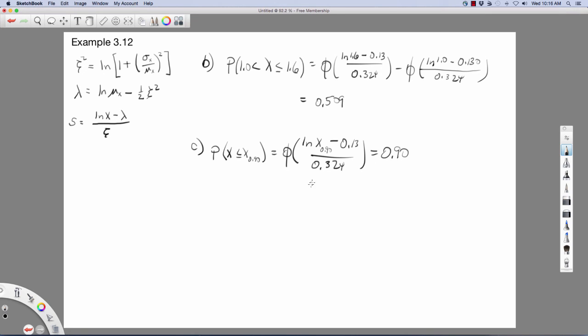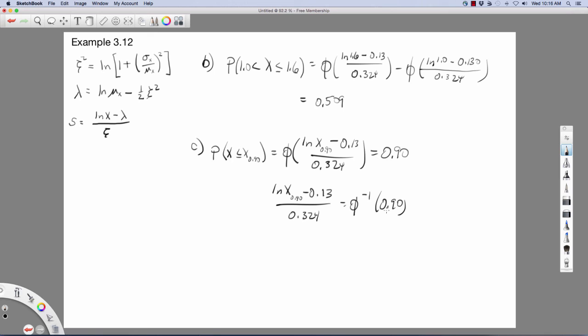So when we take the inverse CDF function of both sides, we end up with the natural log of x at 90th percentile minus 0.13 over 0.324 is equal to the inverse CDF function of 0.90.